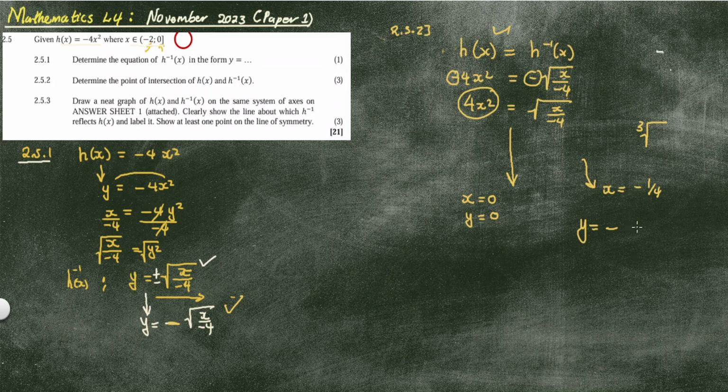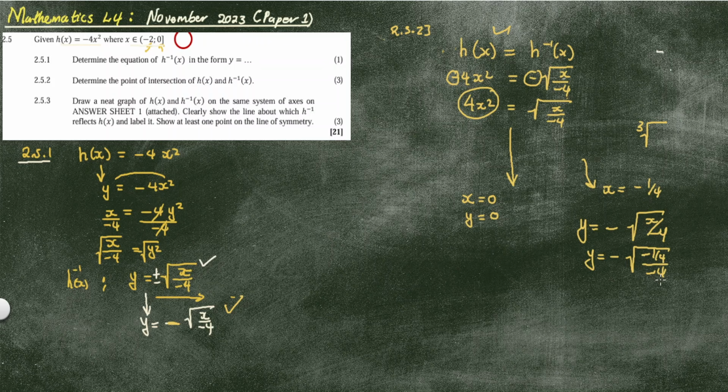Y is equal to minus square root of x over minus 4. Y is equal to minus the square root of x, which is minus 1 over 4, over minus 4.